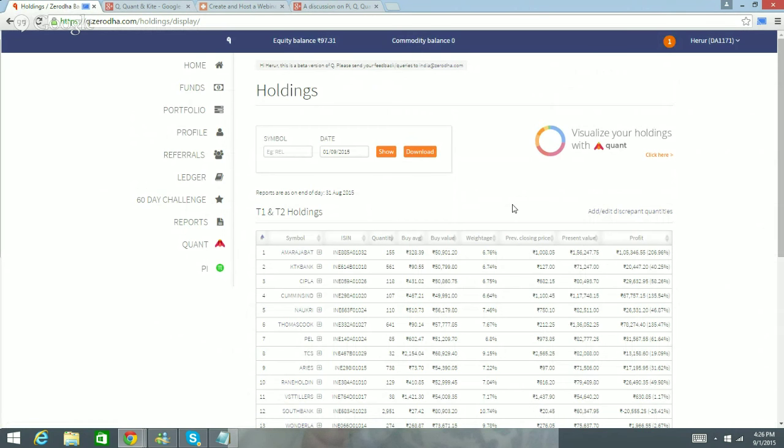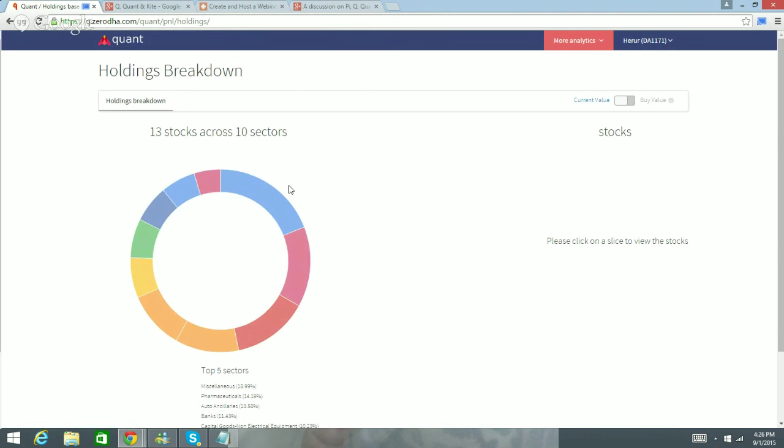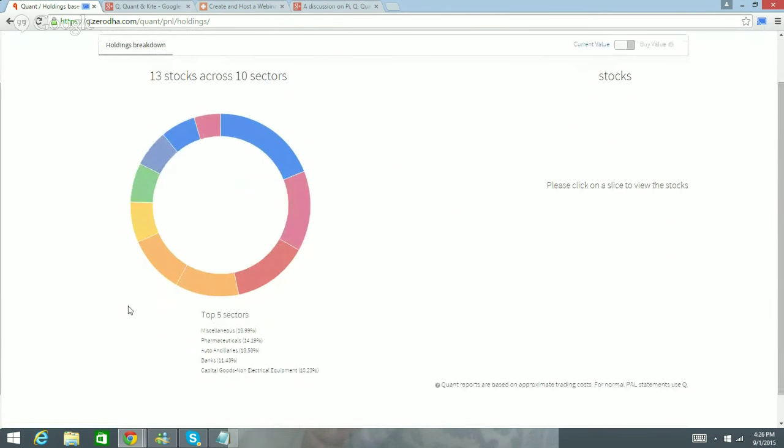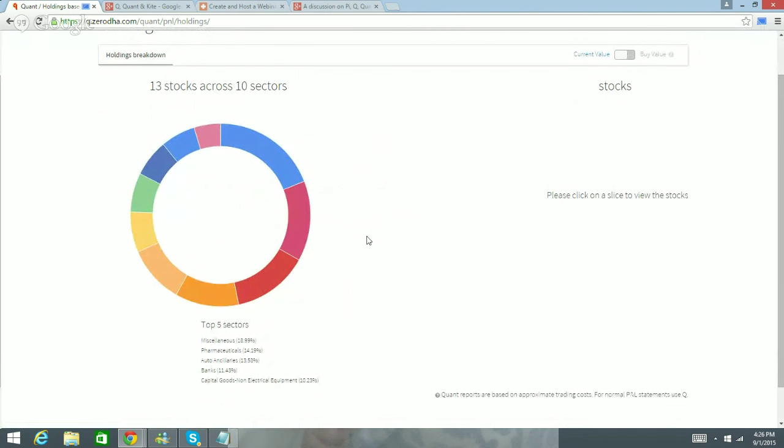So we have recently added the visualization for the holdings page. If you can see this, visualize your holdings with Quant. If you click on this, you can basically see your same holdings in terms of sectors and in terms of stocks, right? So if you look at this donut chart, it's very obvious that this person has done a great job diversifying, right?